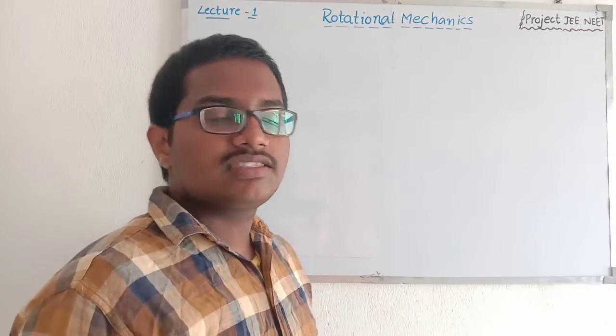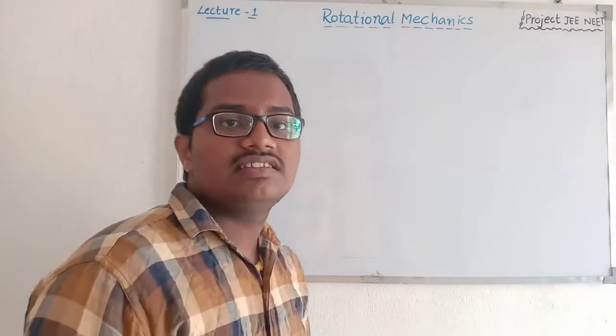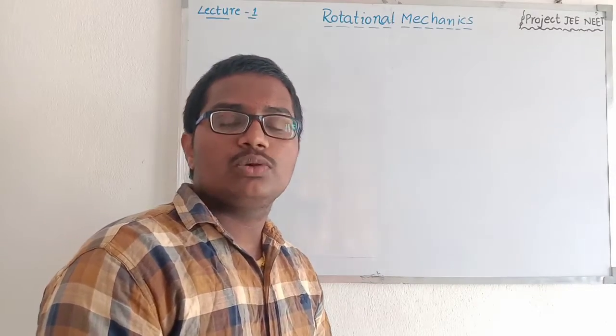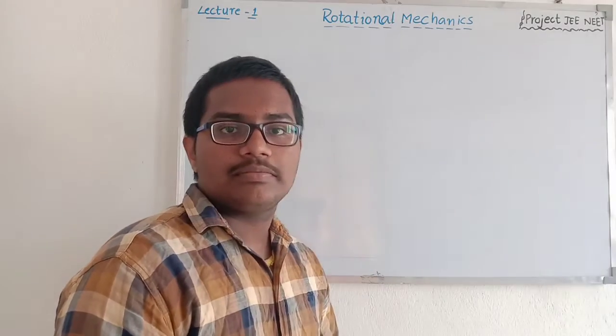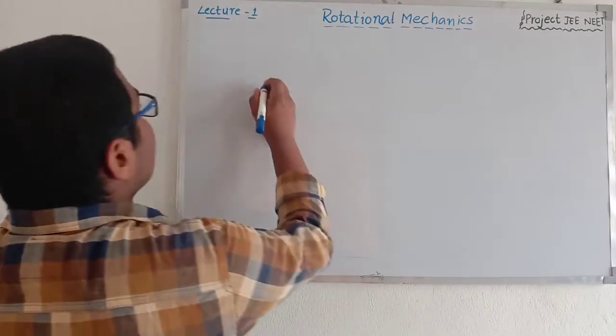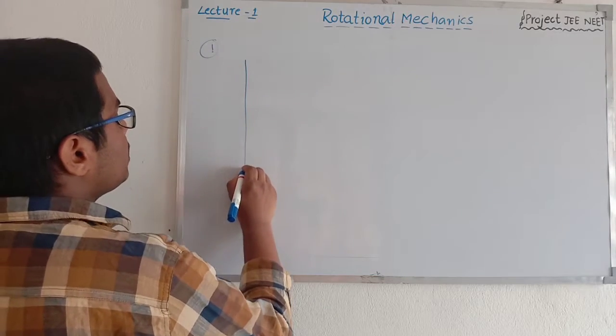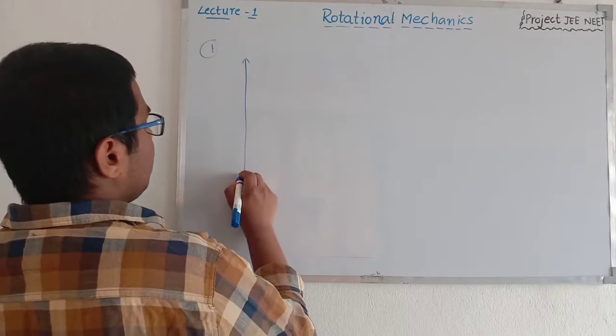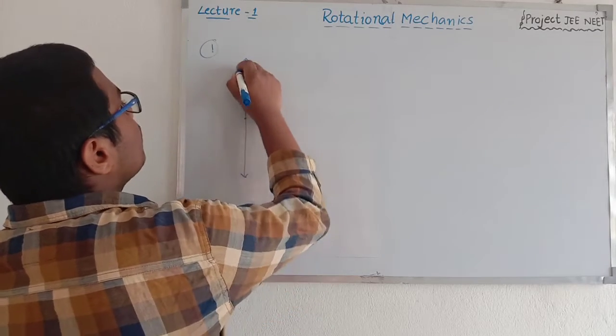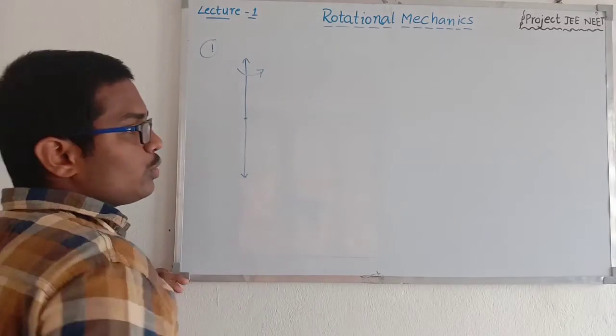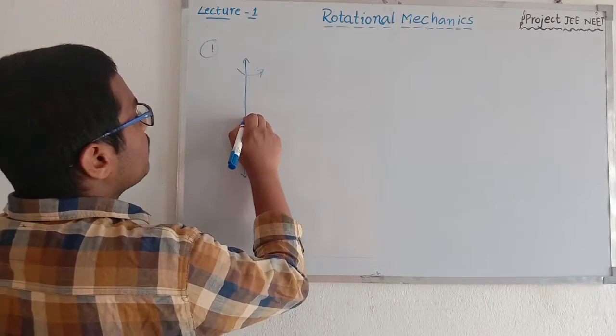So let's discuss the previous case, I equal to m into r square, with some examples. The first example: you take this as the axis of rotation, where the axis rotates in the clockwise or anti-clockwise direction.